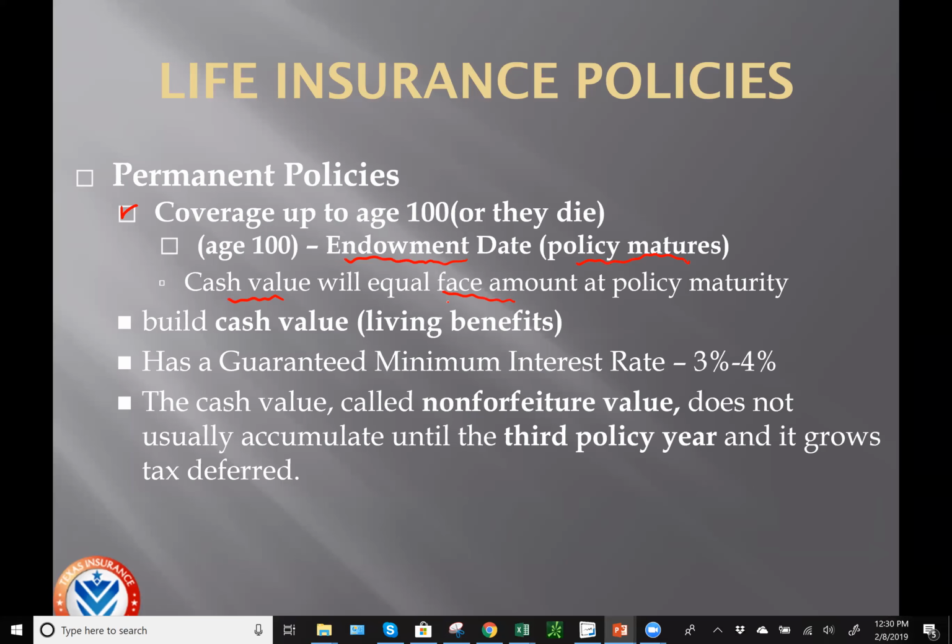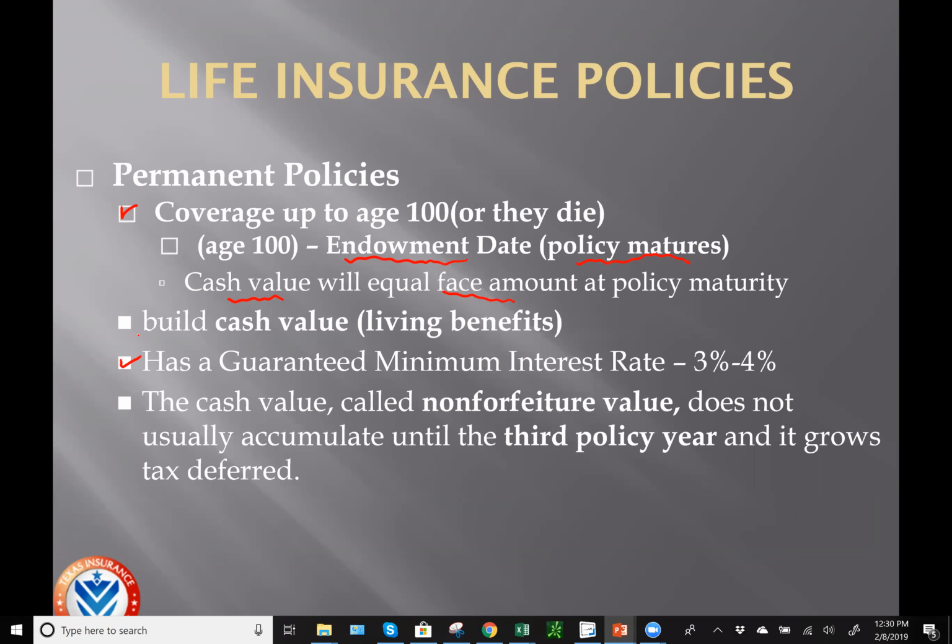So you need to know for your test that every permanent policy and every annuity we talk about are all going to have a guaranteed minimum interest rate that would get paid on them, usually like 3 to 4%. But every permanent policy, every annuity will have that guaranteed minimum interest rate except for one, which is a variable policy, and I'll talk about that at the end of this chapter.